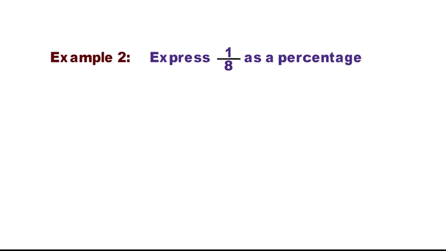Example 2. Express 1/8 as a percentage. Just like we solved in the first example, to express fraction to percentage, we will multiply the fraction by 100. To solve this question, we need to multiply the fraction 1/8 by 100.